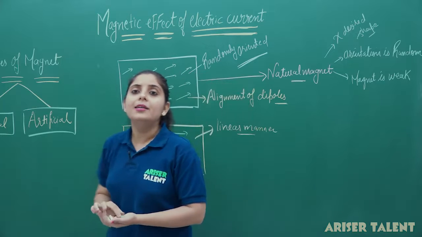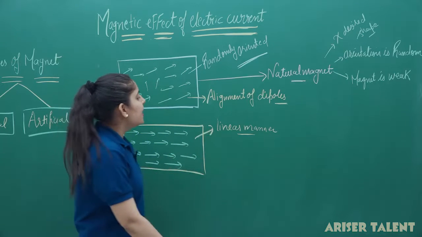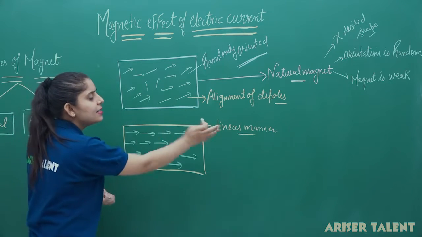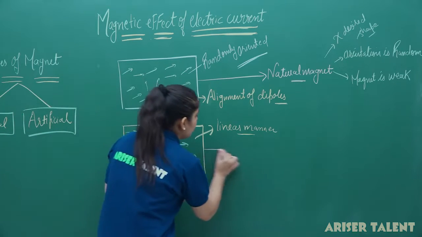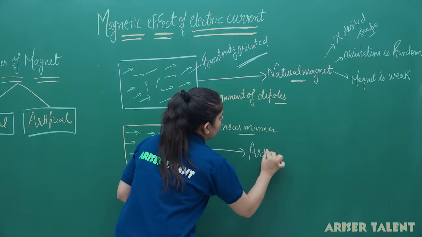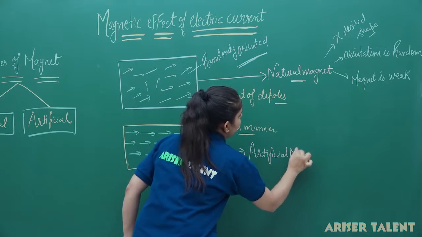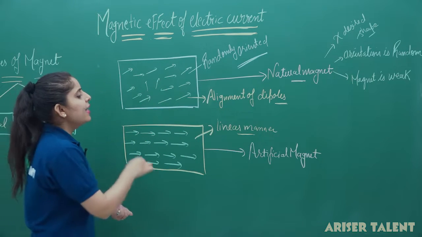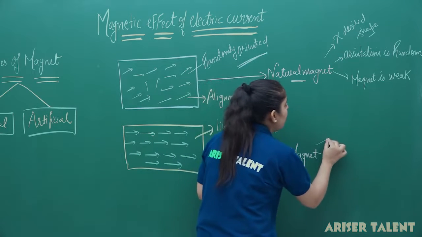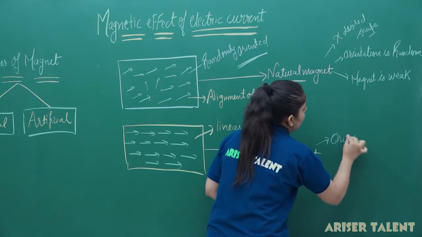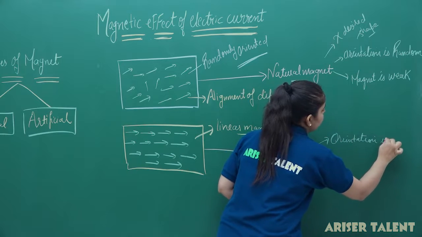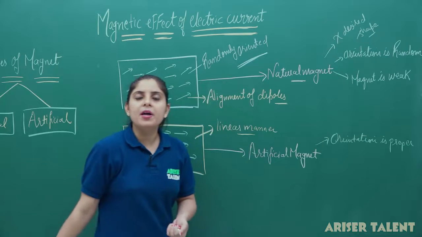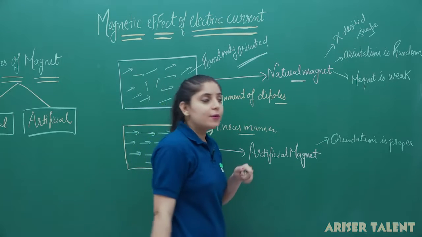Now look at the artificial magnet in this case. You have seen that the magnetic dipoles are aligned in a systematic manner in a single direction. So this is our artificial magnet. Now, in case of the artificial magnet, you can see that the orientation is proper. If the orientation is proper, you can get the desired shape of the magnet, whatever you want.